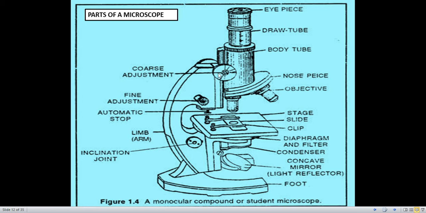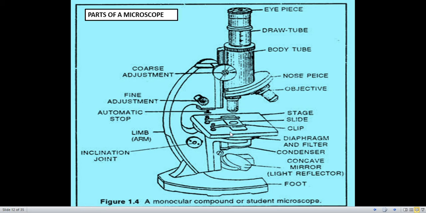And you can see the coarse adjustment here to adjust the body tube. If you rotate this, you can move the body tube to get a clear image of the specimen. And there is another adjustment called fine adjustment to adjust the body tube finally to get a clearer image of the specimen. And stage to keep the slide of the specimen, and clips to keep the slide on the stage.